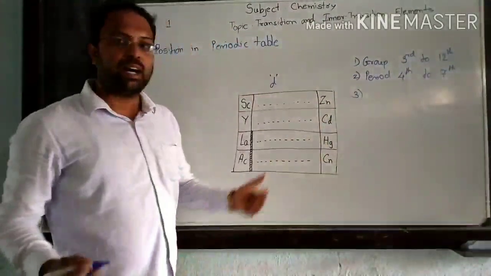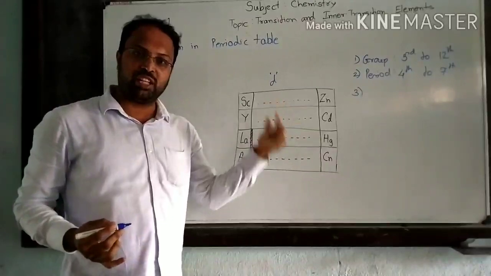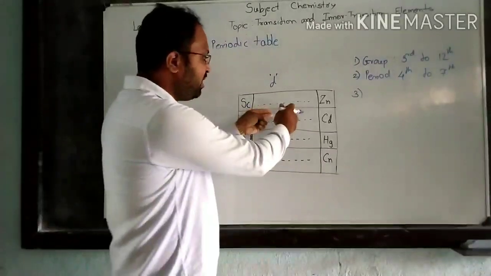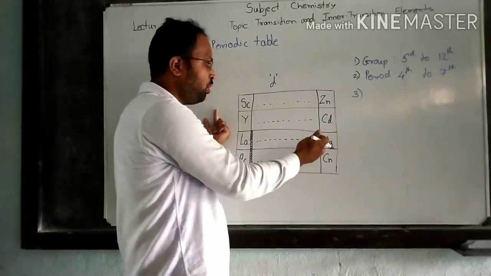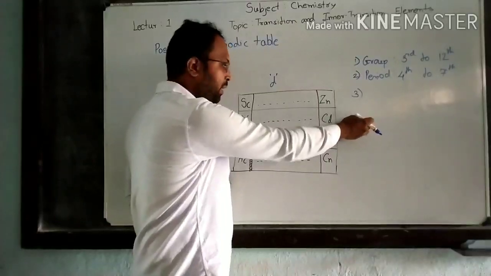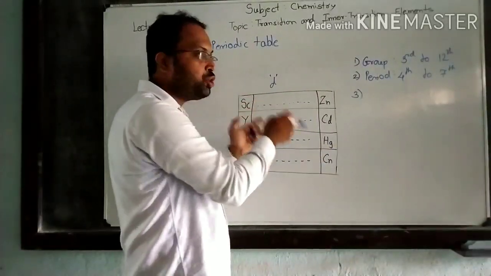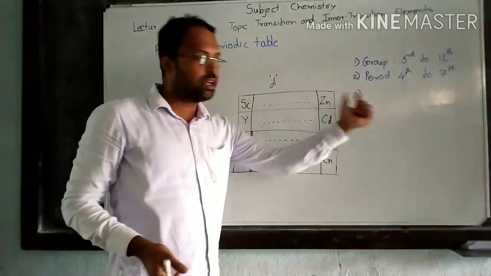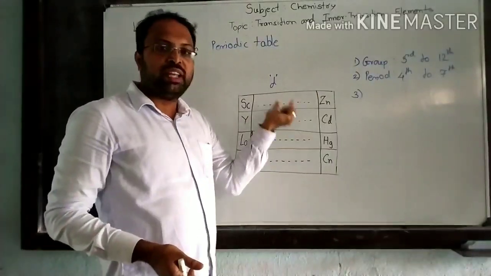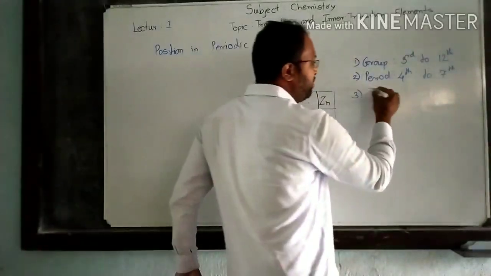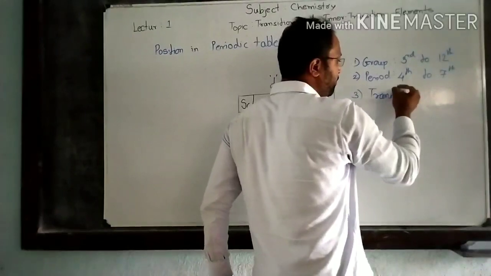These elements are known as transition elements because they are present between the s block and p block elements. These elements show properties of both s block and p block, so they are also known as transition elements.